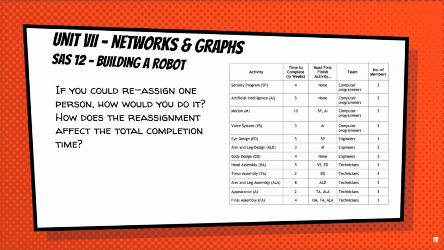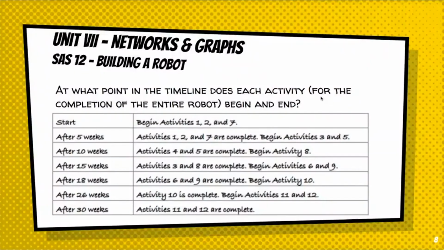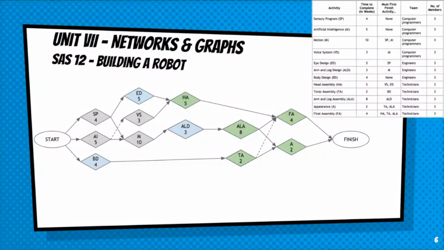Well, one of the things they didn't give us here in parameter size is how many in each team. If we start with 3, we're going to be waiting a long time, because if you go back to the actual activity graph, right off the bat, we need 3 computer programmers in sensory program and 3 in AI.